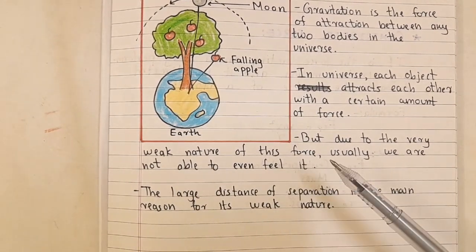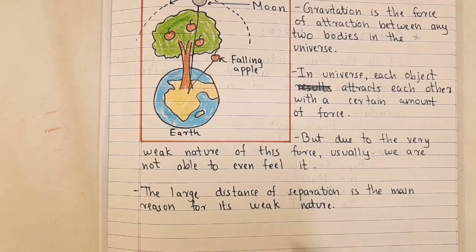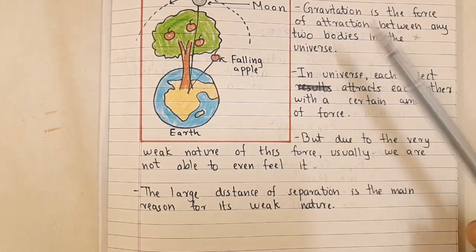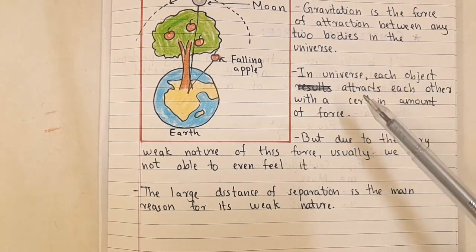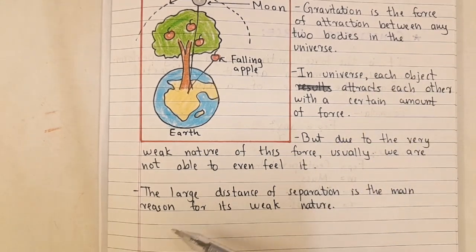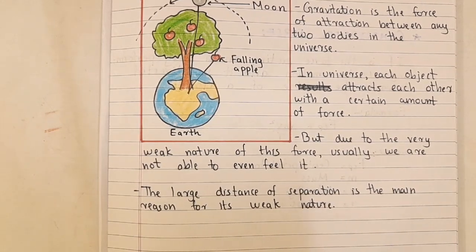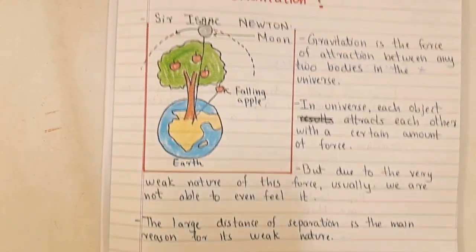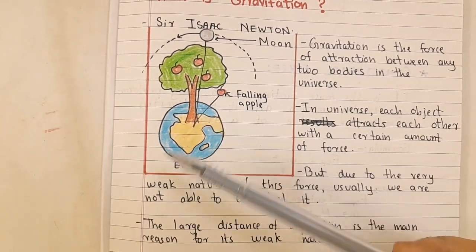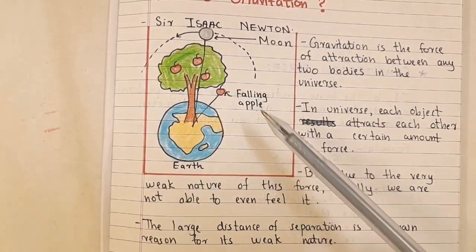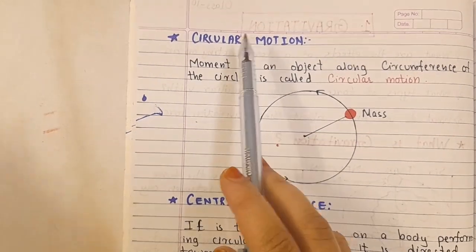It is very weak, but it is still there, and due to this force two bodies in the universe attract each other. The large distance of separation is the main reason for its weak nature. This gravitational force is directed towards the center of the earth, vertically downward.